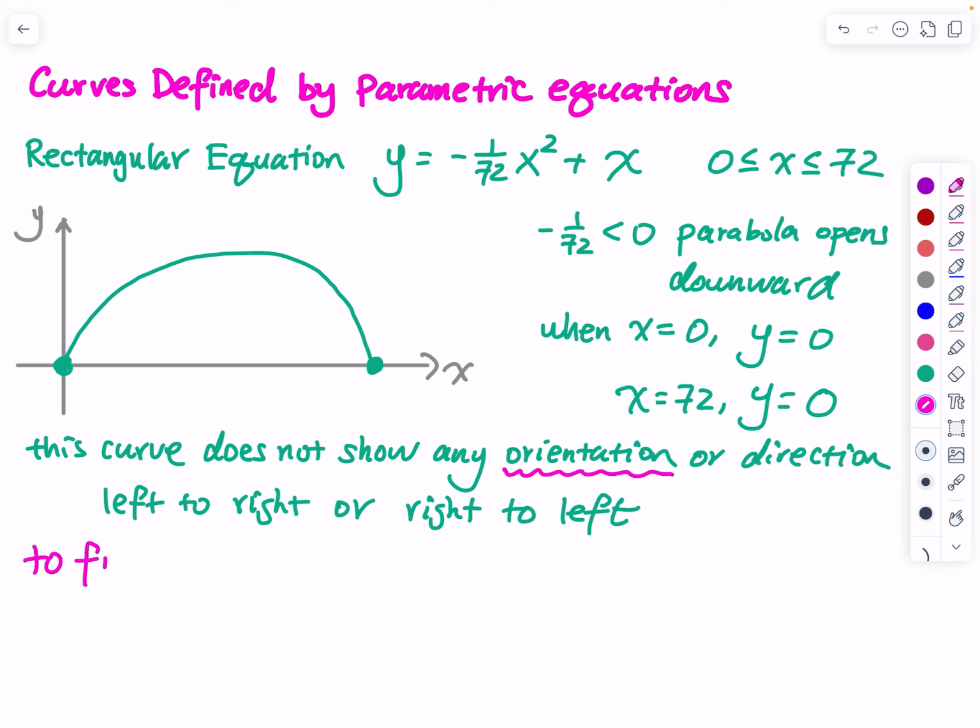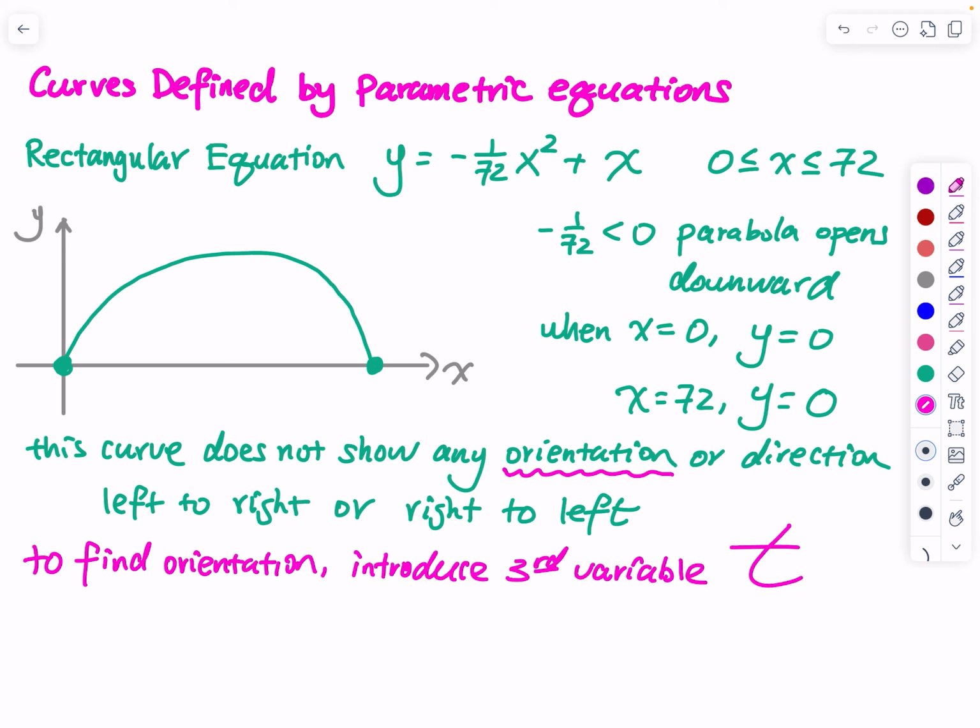Let's find it. To find orientation, I need to introduce a third variable. That will be a t. It's a third variable, and t has a name. t is called a parameter.